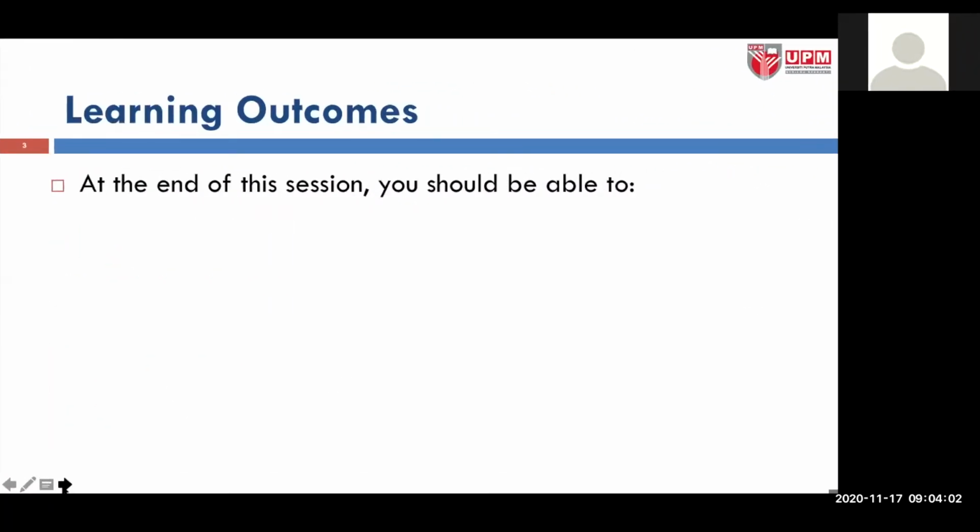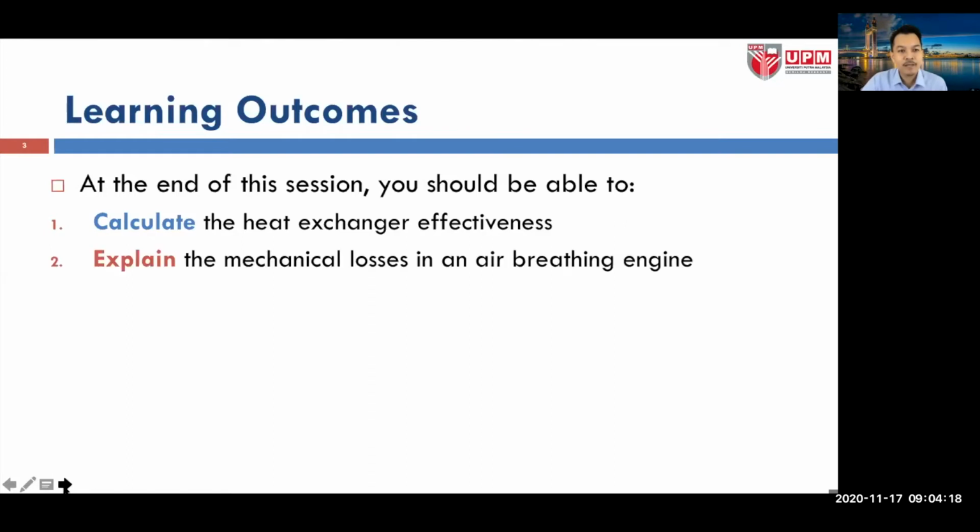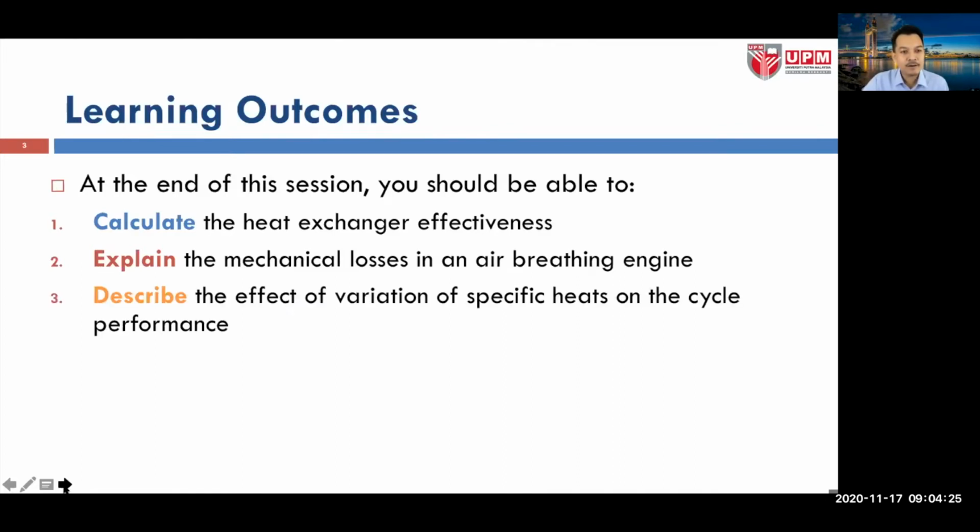In terms of the learning outcomes, at the end of the session, you should be able to calculate the heat exchanger effectiveness, meaning that later in our example you will be able to calculate the effectiveness of the heat exchanger, and then explain the mechanical losses in an air breathing engine. Then you should be able to describe the effect of variation of specific heats on the cycle performance.